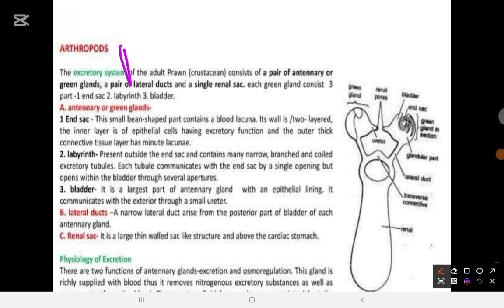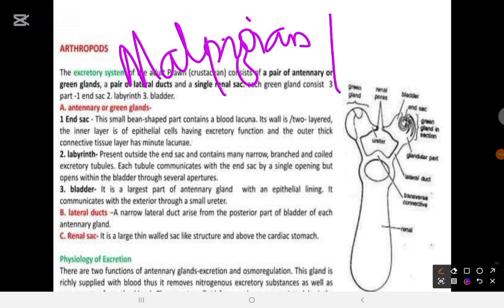In this slide, I basically talked about other types of arthropods, such as the spider, that uses green glands, prawns, all those guys.